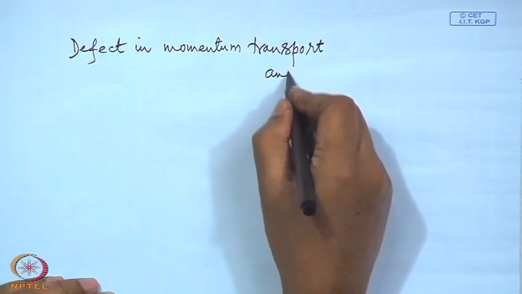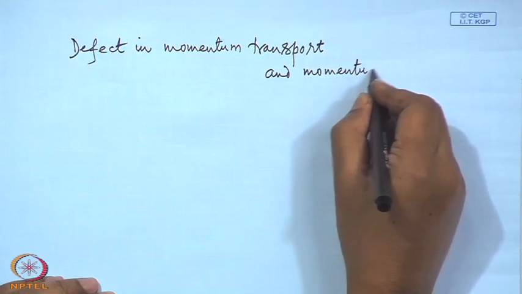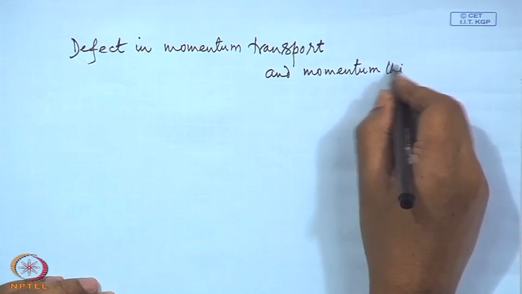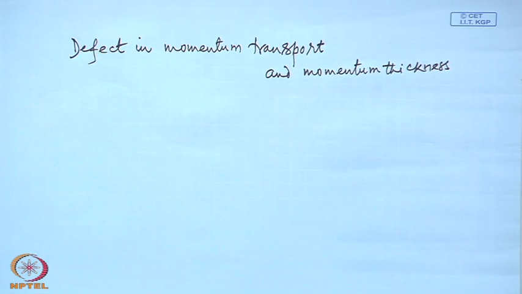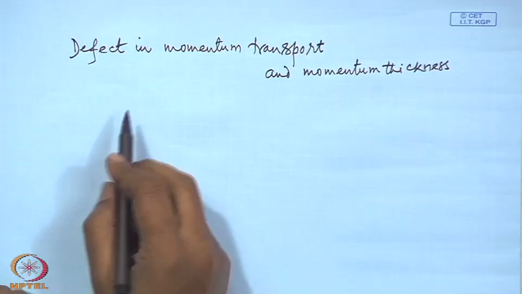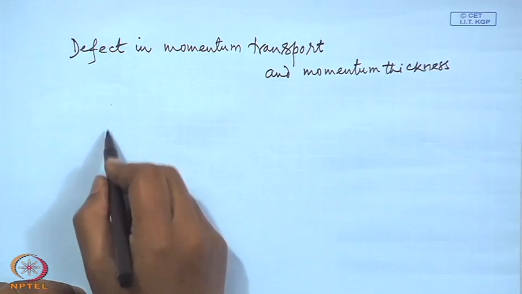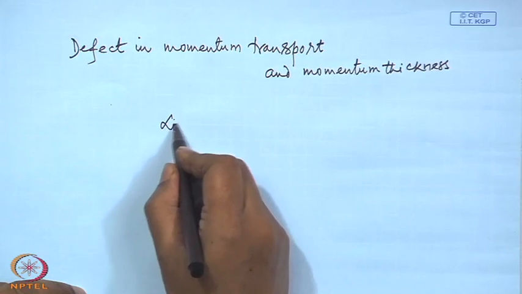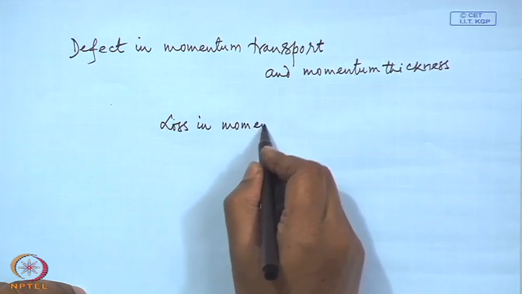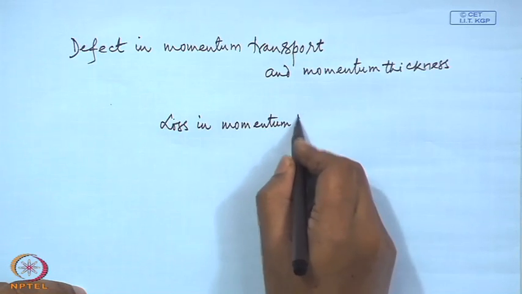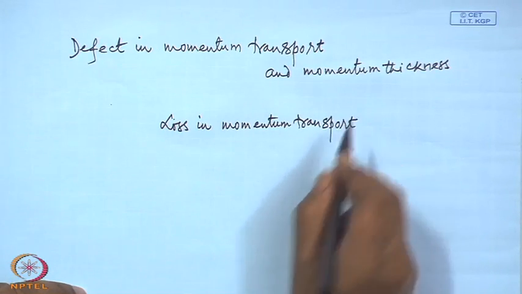And boundary layer momentum thickness. Now, what is this? This loss in momentum transport, how much?